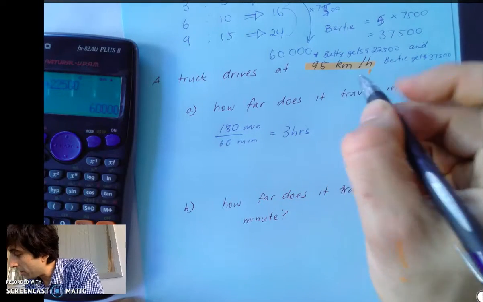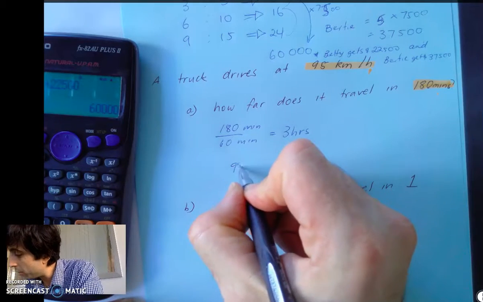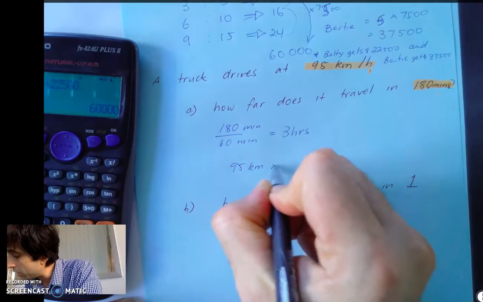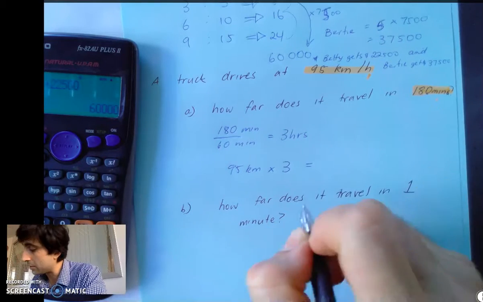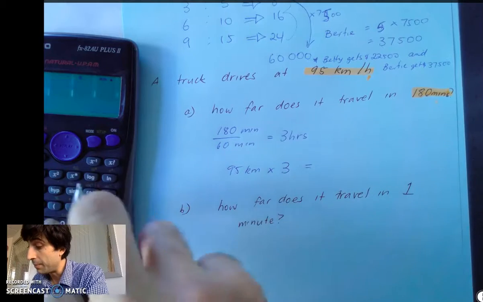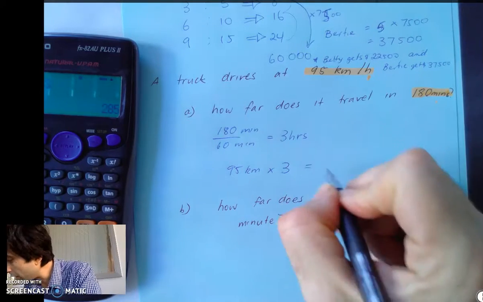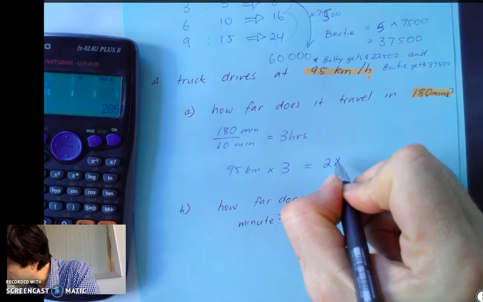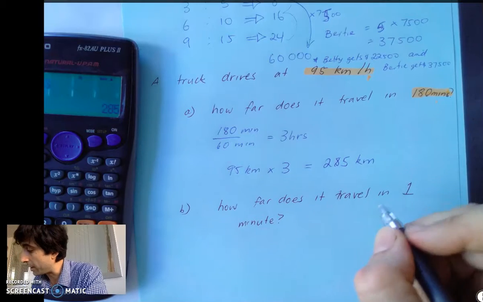Therefore, if we travel 95 kilometres in 1 hour, then we travel 95 kilometres times by 3 in 3 hours. So what's that? In our calculator, 95 times 3, 285 kilometres in 3 hours.